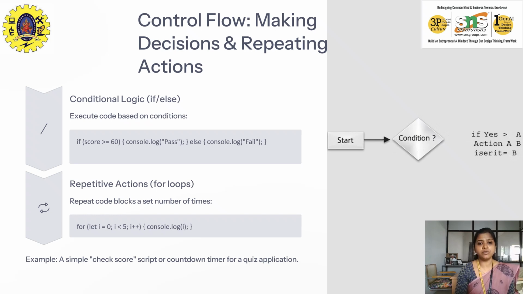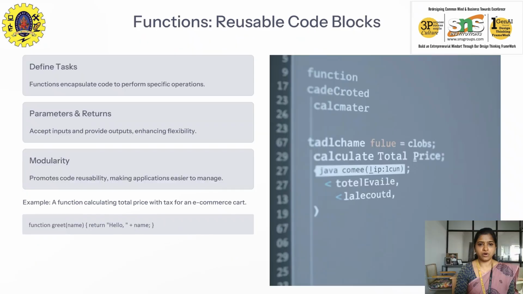Once the condition becomes false, it will get out of the loop. For example, a simple score check or timer for a quiz application can be written by using repetitive actions or for loops.